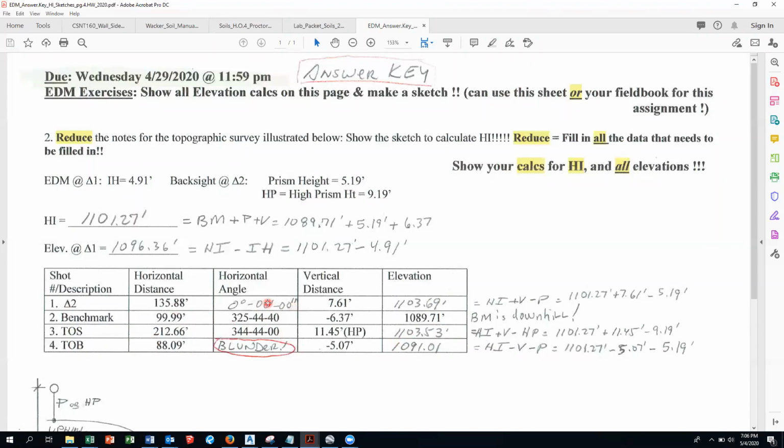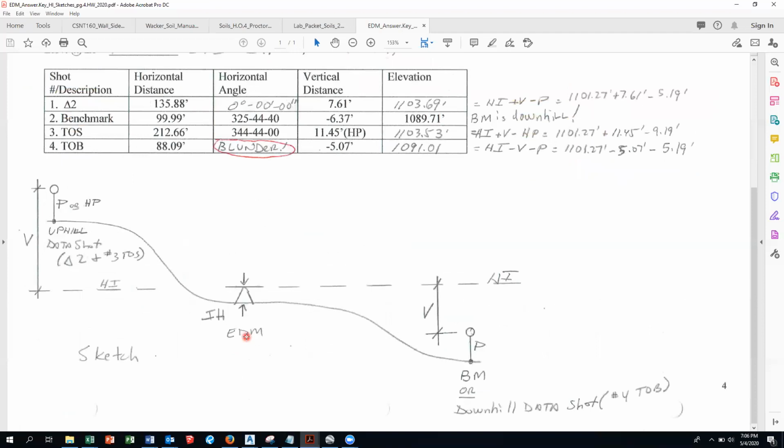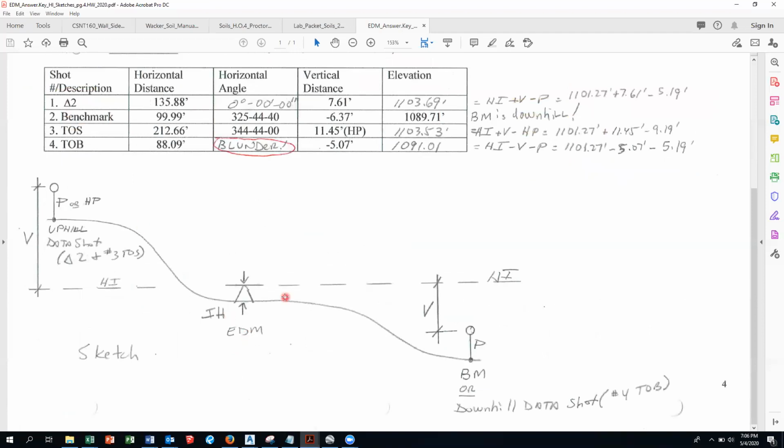Now, the first thing is, you're always going to establish HI. You're going to have a problem almost identical to this on the exam. Okay, and here's the sketch that I was looking for. And the HI is just an imaginary plane through the center pivot on that telescope.